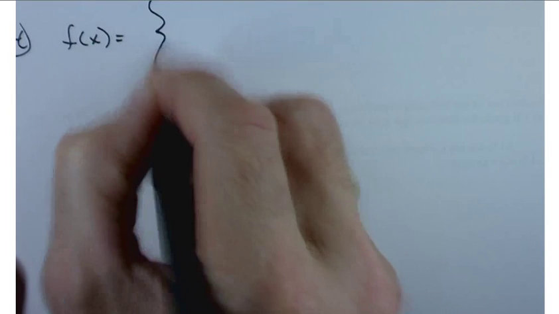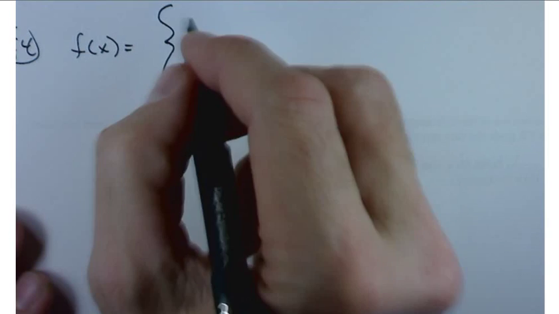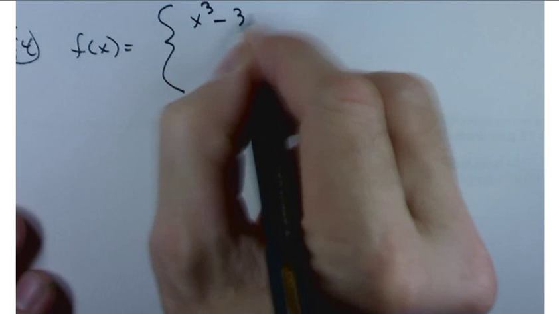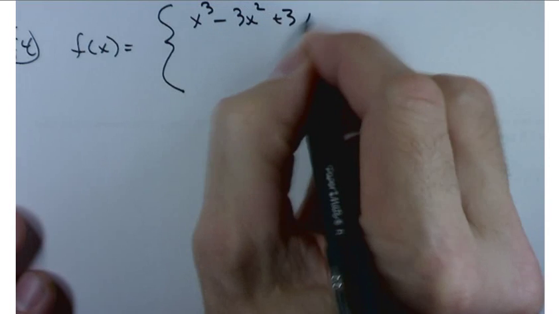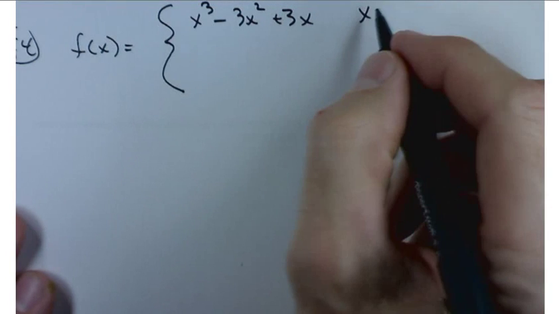So 84 asks us to look at the function f of x, and it has 2 parts. x cubed minus 3x squared plus 3x, assuming that x is less than or equal to 1.